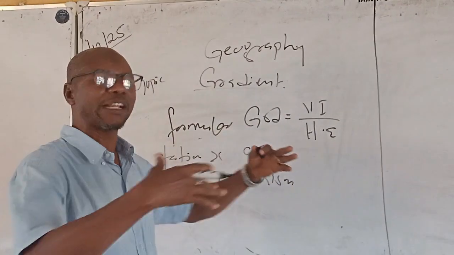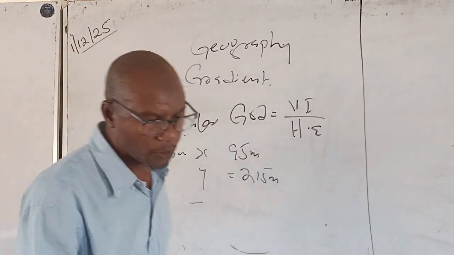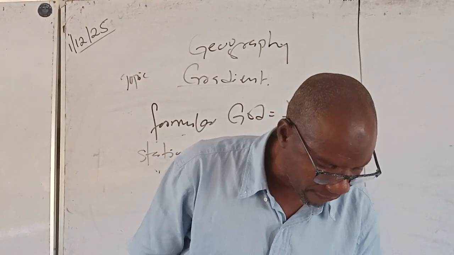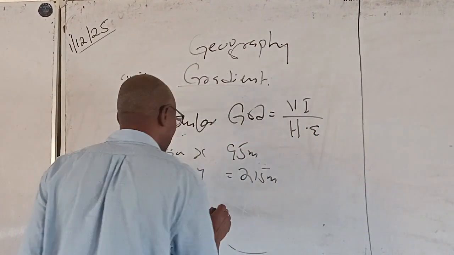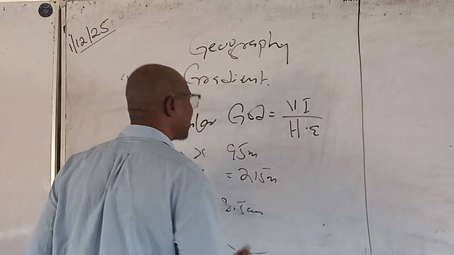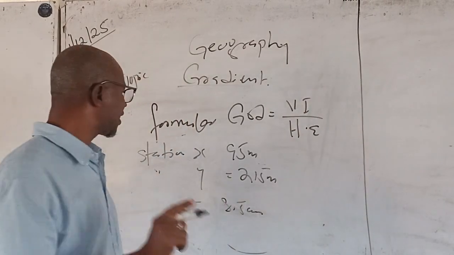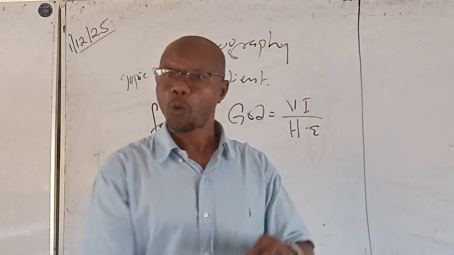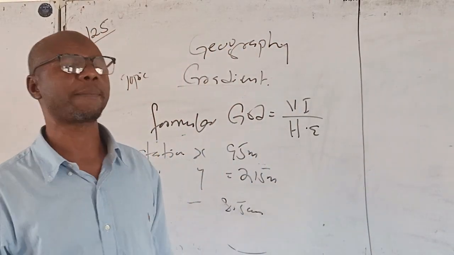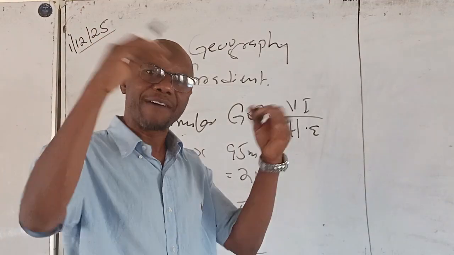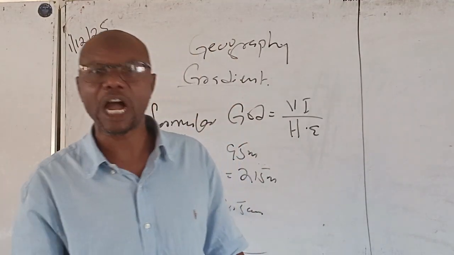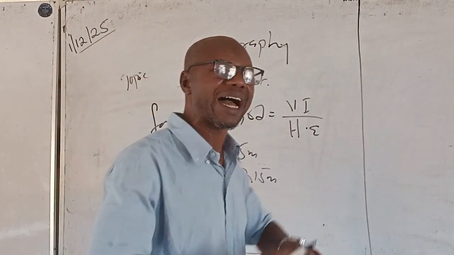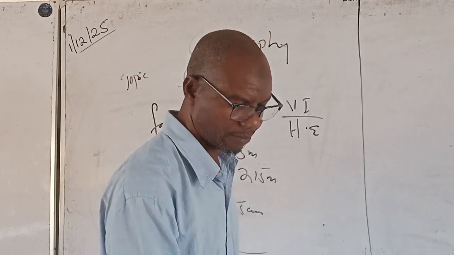The distance apart of the two of them is about 8.5 centimeters. But we know that the distance on the paper is in centimeters, while on the ground it is in kilometers. You now convert centimeters to kilometers, or kilometers to centimeters, so that we have the answer in one unit.